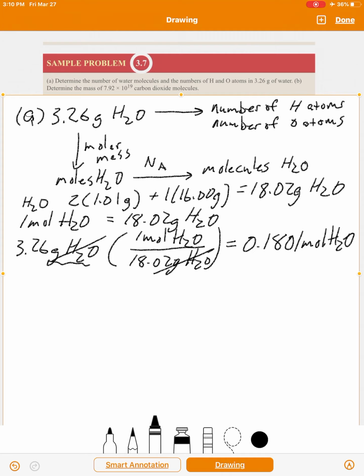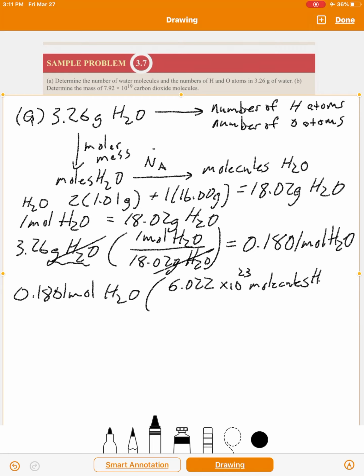Next step, we're going to convert moles of water by using Avogadro's number to convert that to molecules of water. Avogadro's number is 6.022 times 10 to the 23rd. Okay, so 0.1809 moles of water, and then we're going to multiply it by Avogadro's number. Same thing we just did in sample problem 3.5. In this case, it's molecules.